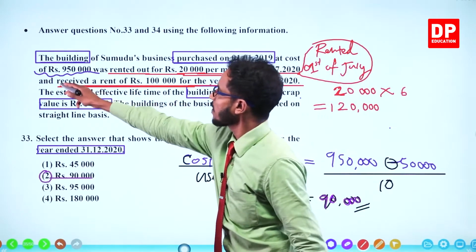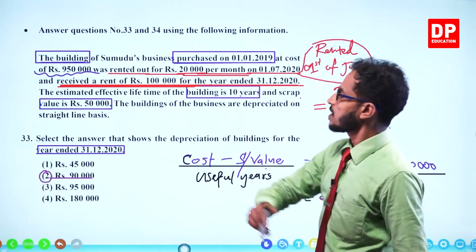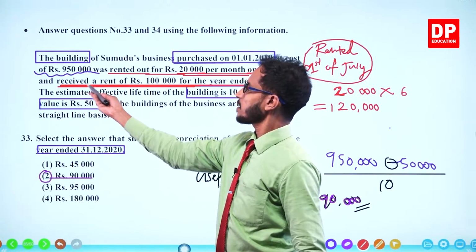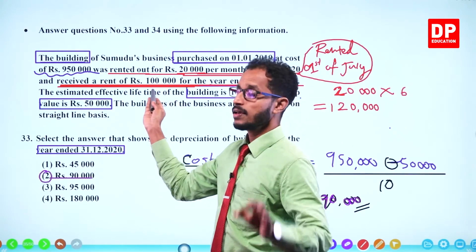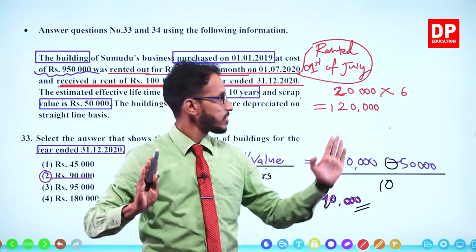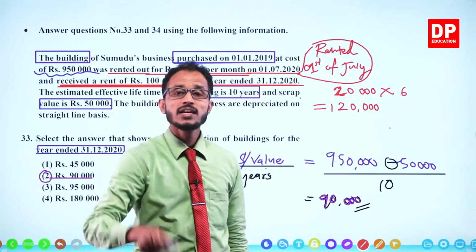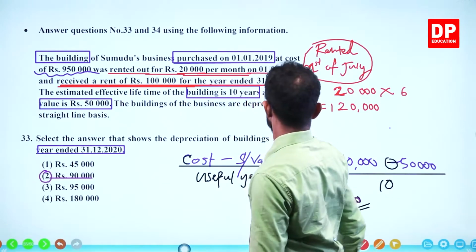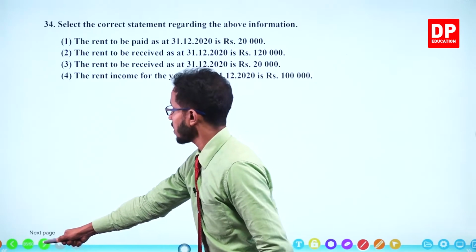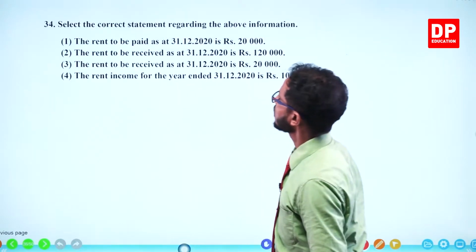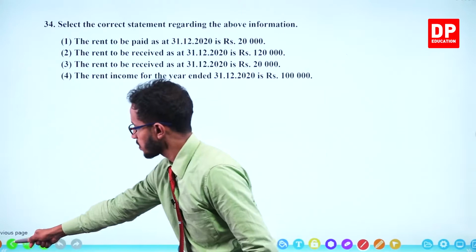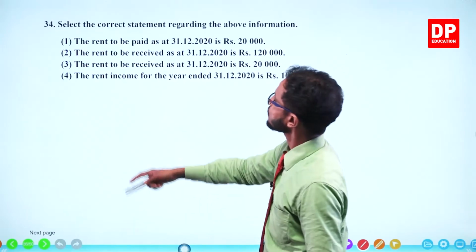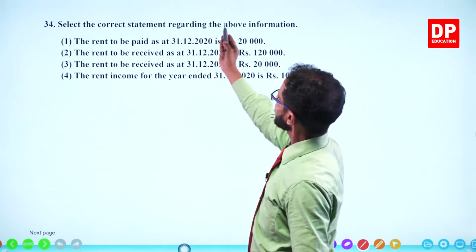Can you see this now? Received rent only 100,000. You get it, which means 120,000 should be received, only 100,000 was received, 20,000 is to be received. Accrued income. Select the correct statement regarding the above information.